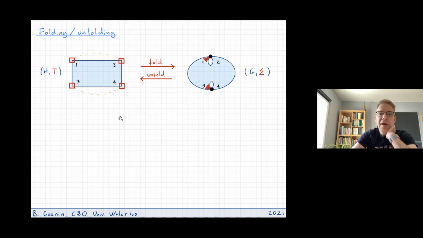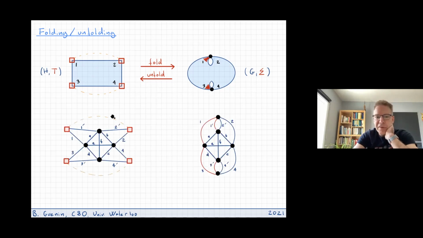And what I do is I identify, say, the vertices 1 and 2, which are two terminal vertices, with the vertices 3 and 4. There are no other terminals, and I get a new graph here. And I'm also going to define the signature for that new graph by picking all the edges which were incident to 1, symmetric difference incident to 3. So if 1 and 3 are not adjacent, it's just the edges incident to 1 and 3.